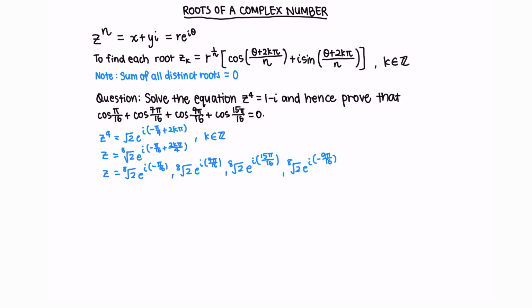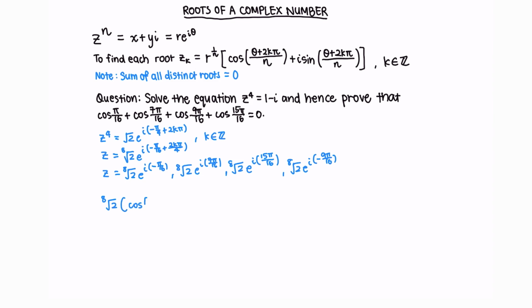Now, what we need to do is prove that this entire thing equals 0. Similarly, the sum of all distinct roots for roots of a complex number is also equal to 0. But don't worry, they won't ask you to prove that. We can just use the result. So, the fact is that the sum of all of these equals 0. This is going to be very long to write, but I'm actually going to write this in terms of trigonometric form.